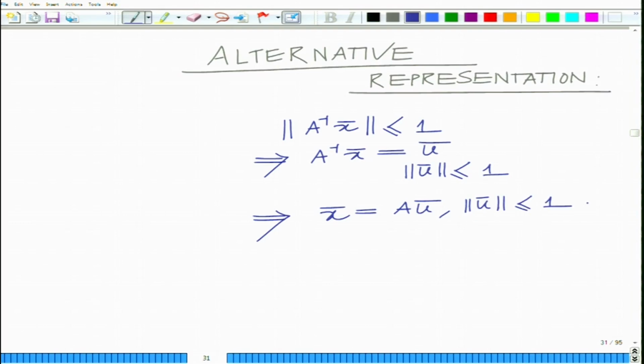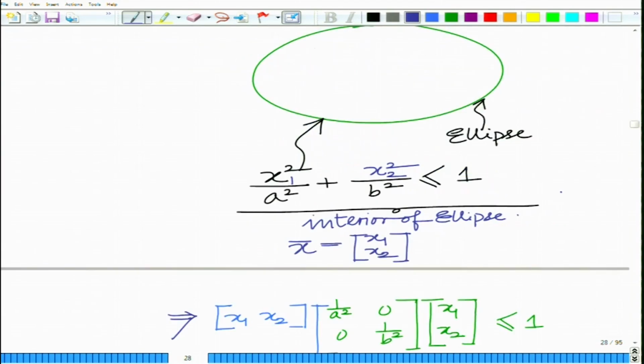Now, this is for an ellipse with the center at the origin, remember, the equation we started with has its center at the origin.